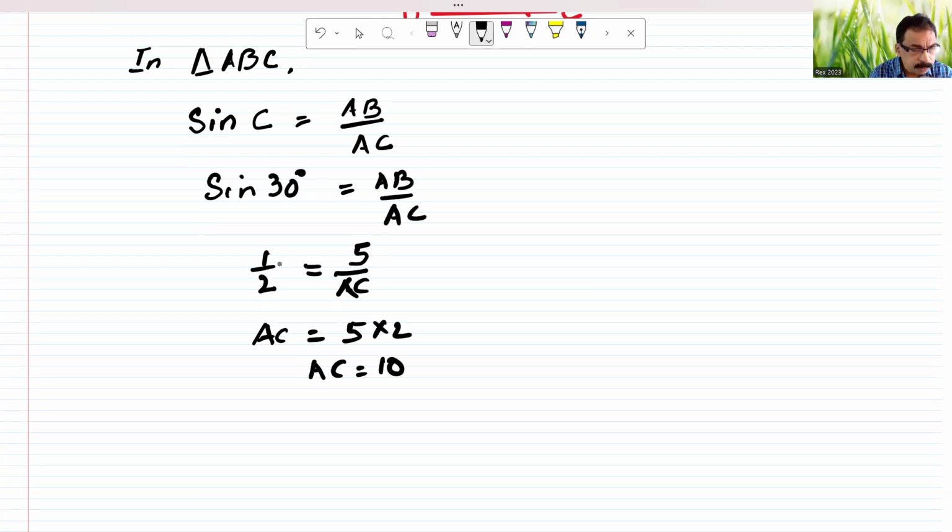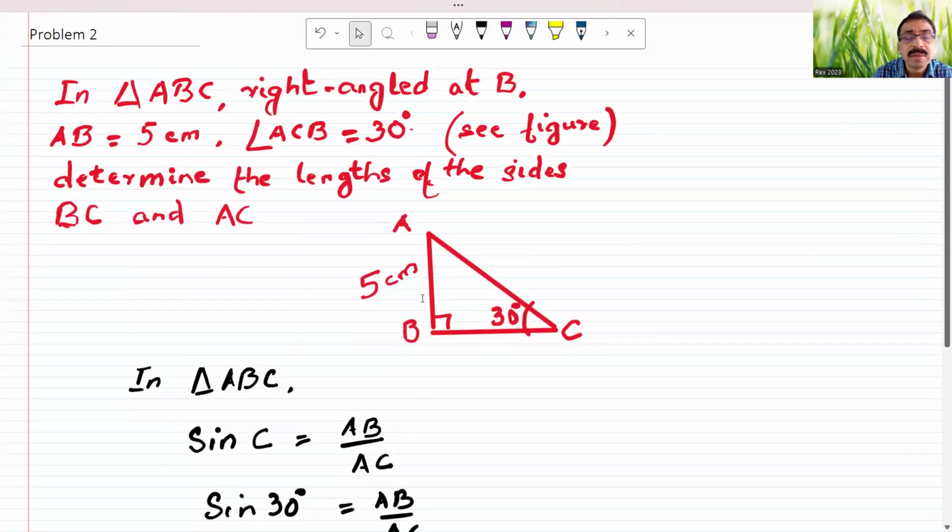So we got one side, AC is equal to 10 centimeters.